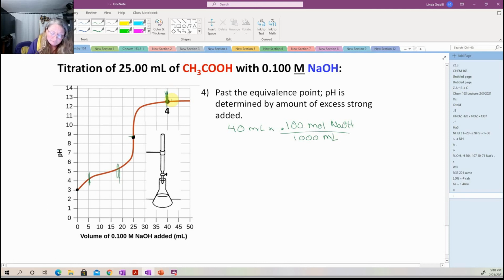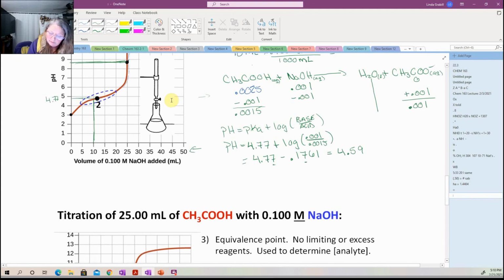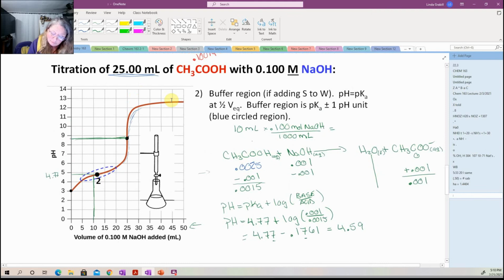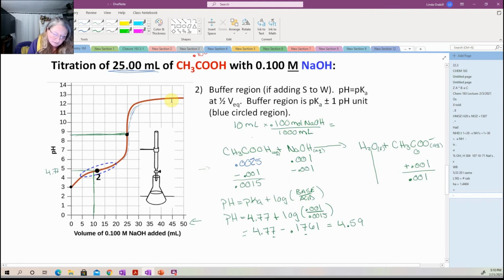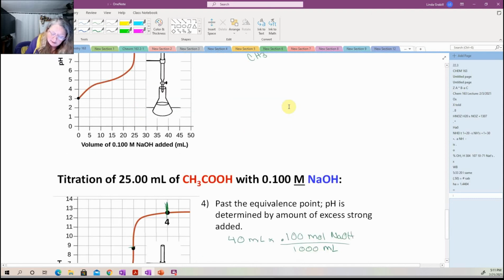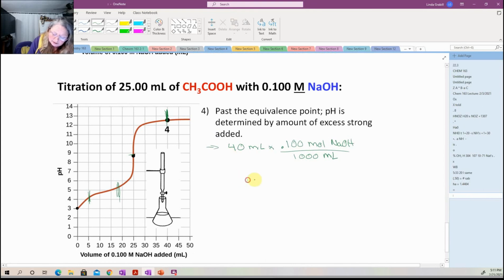But remember, going back here, we lost, whoops, nope, I erased it. Yeah, the 0.0025 moles. So at equivalence, we determined that this was 0.0025 moles of sodium hydroxide and of our acid. So that means even though I'm going to have this amount of moles, I need to subtract off those 0.0025 moles that have been used.